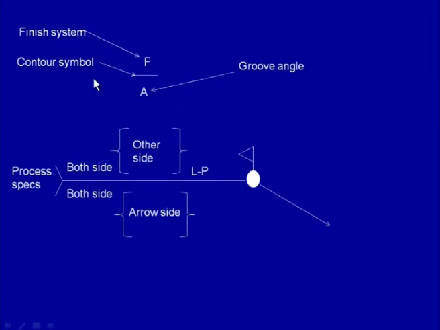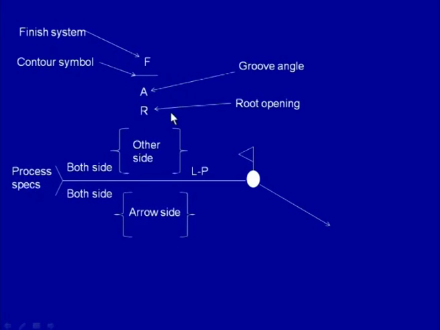Below this we have another symbol which will indicate the groove angle to be made for developing the weld joint, and below this further the groove angle will have another number indicating the root opening to be used while developing the weld joint.